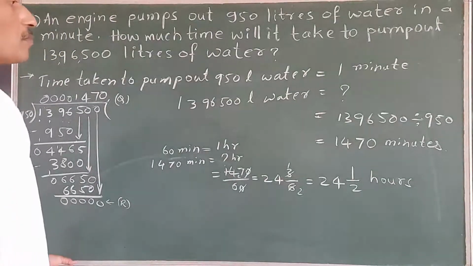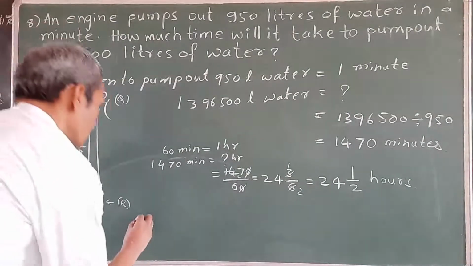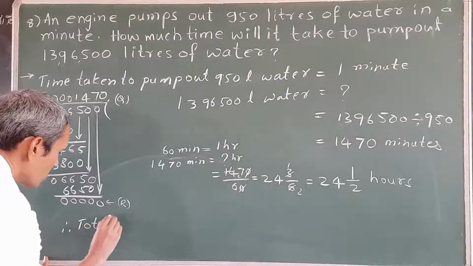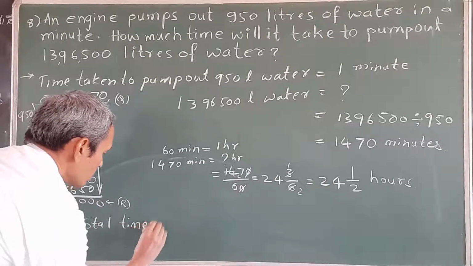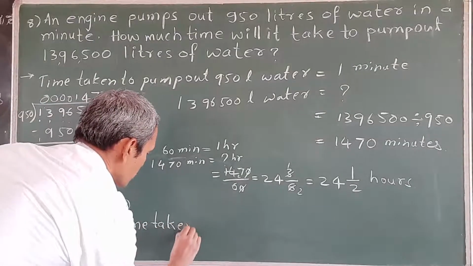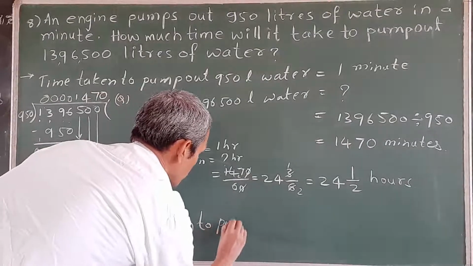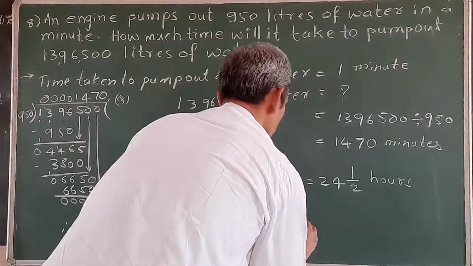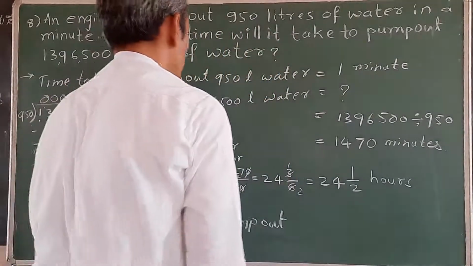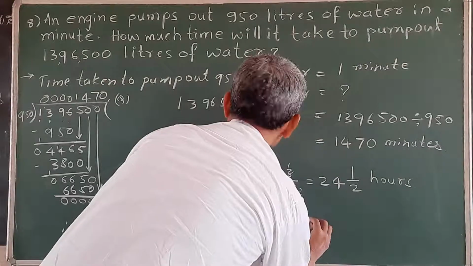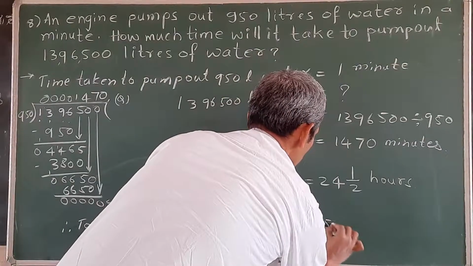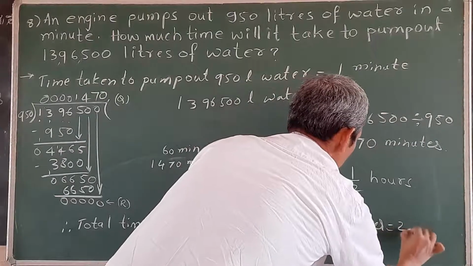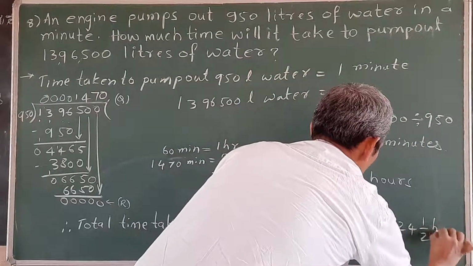Therefore the total time taken to pump out 1396500 liters of water is 24.5 hours.